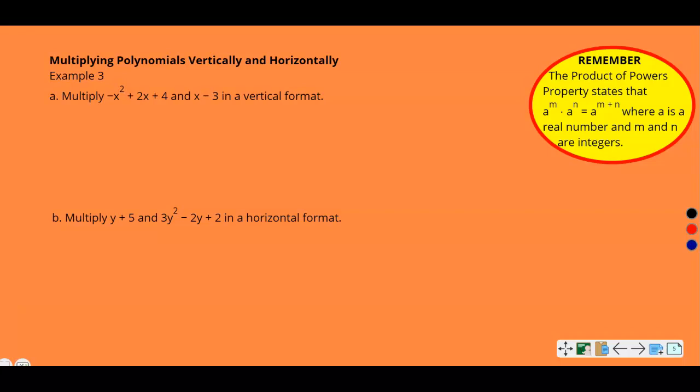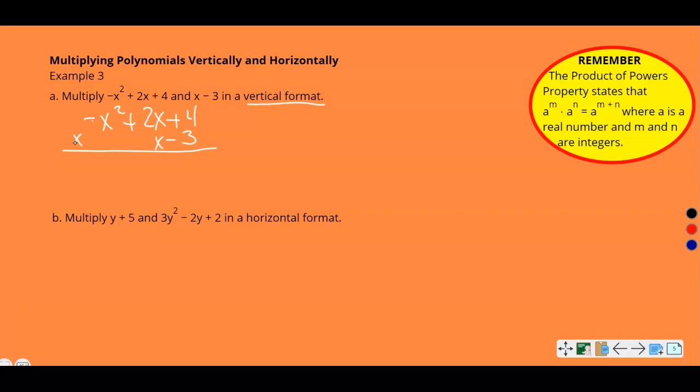All right, so we're going to multiply -x squared plus 2x plus 4 by x minus 3 in the vertical format. So let's start with -x squared plus 2x plus 4, and I'm going to write down x minus 3. So if I'm going to multiply these two things together, I'm going to first multiply the first polynomial by -3.